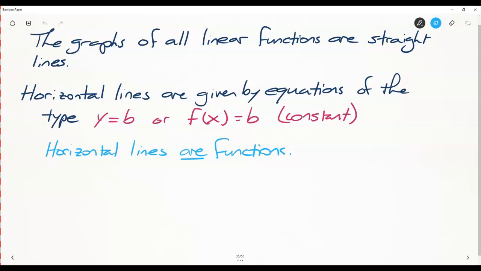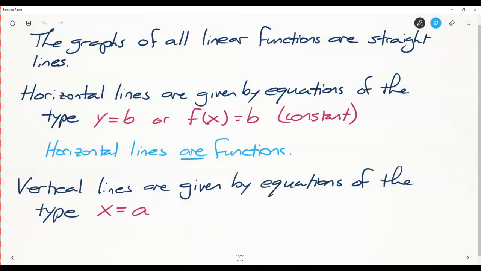But we know what the equations of vertical lines look like. Horizontal lines are y equals a number. There's no x in that expression. It's y equals 2, y equals -3. Those are horizontal lines.